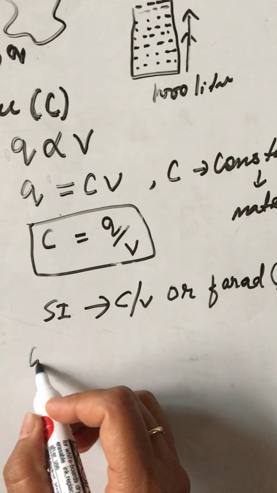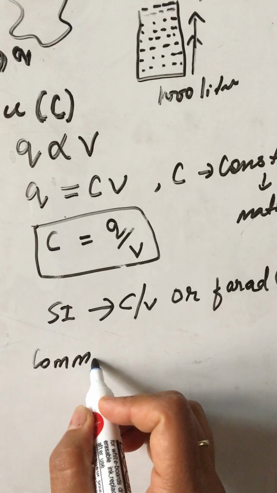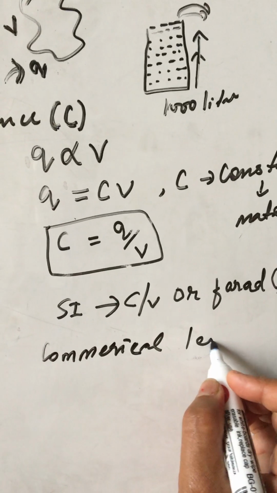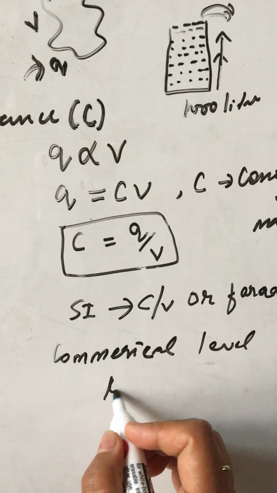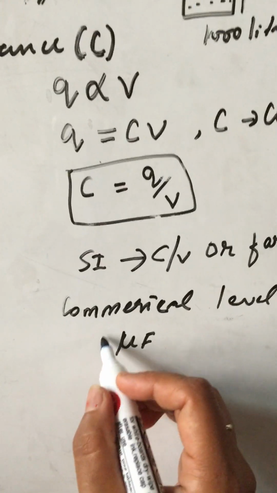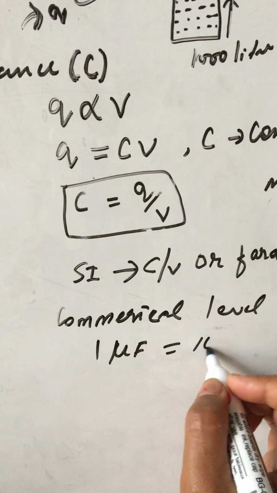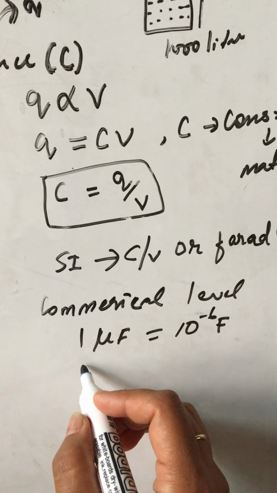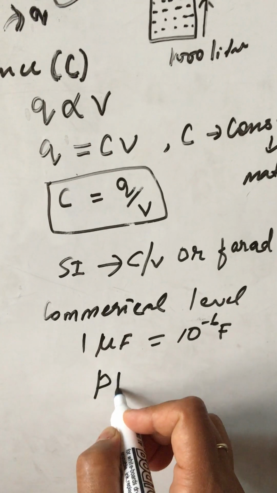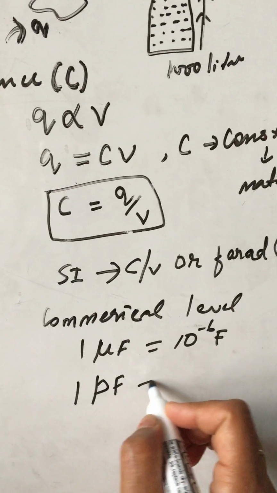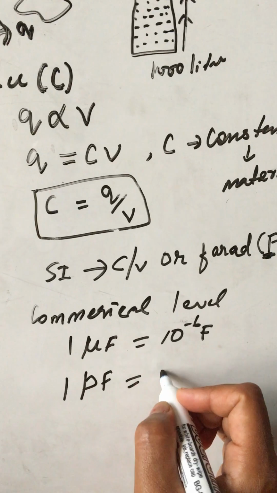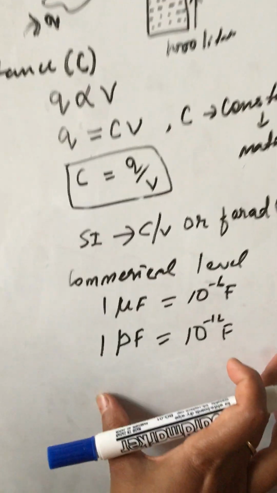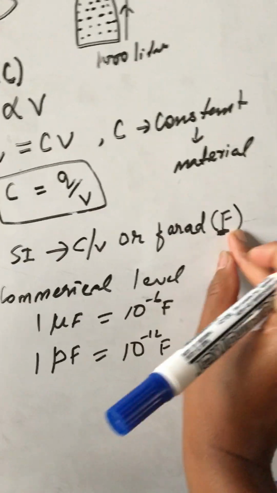In the commercial level, the units chosen are microfarad. Micro is 10 to the power minus 6. Then even in the book they discuss one more, known as the picofarad. Pico, as in class 11, stands for 10 to the power minus 12 farad. So these are the commercial units, but the SI unit is farad only.